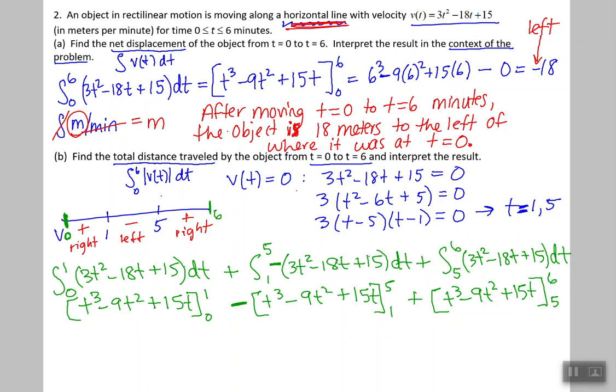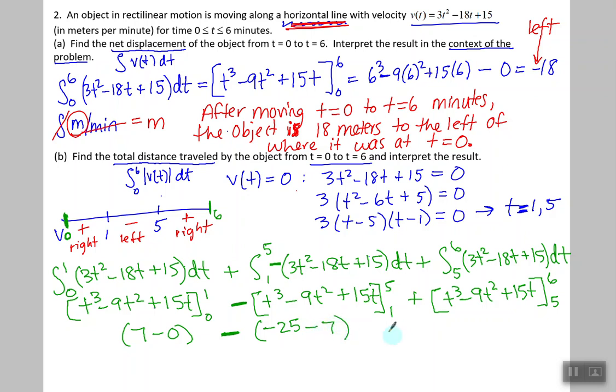Now we do our computations where first I plug in a 1, then I plug in a 0. I'll save you from the rest of that as we know what this process is by this point. So plugging in 1 gives me a 7, plugging in 0 gives me a 0, for 7 minus 0, minus, for the one that's moving to the left, plugging in a 5 gives me negative 25. Plugging in a 1 gives me 7.